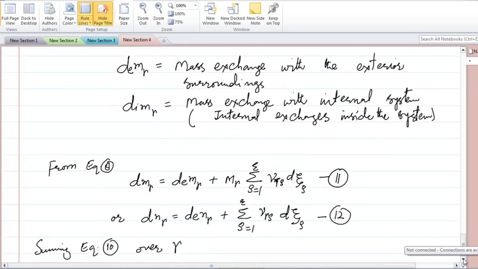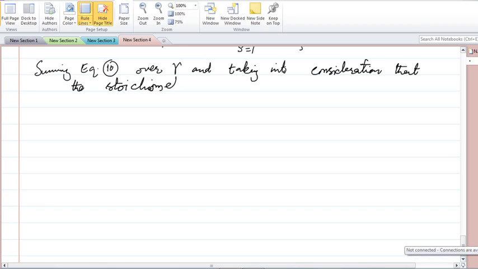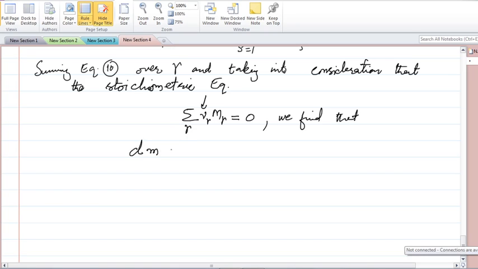If we sum equation 10 over gamma and take into consideration the stoichiometric equation, which is summation over gamma of nu gamma m gamma equal to 0, we'll find that simply the change in mass will be equal to d_e m.